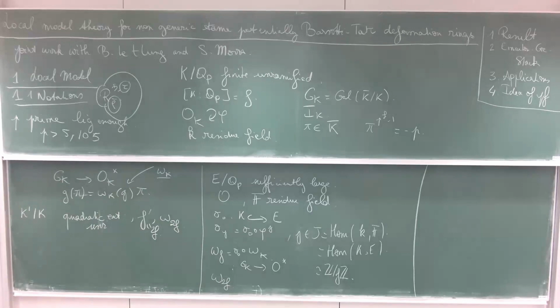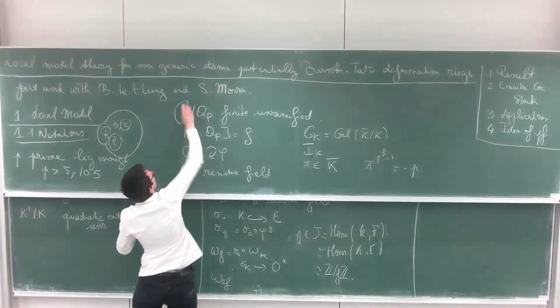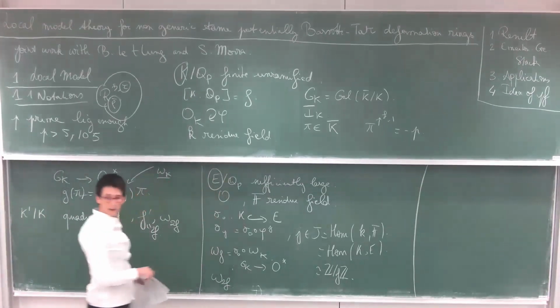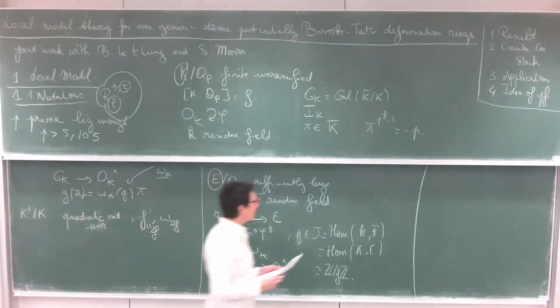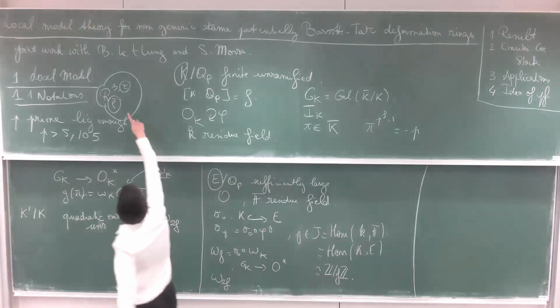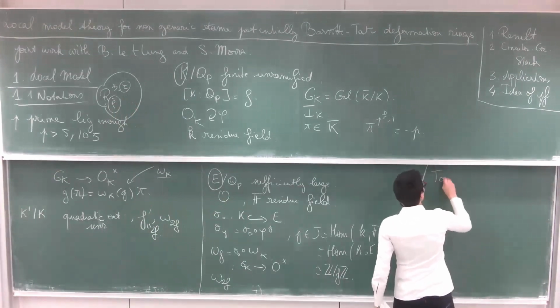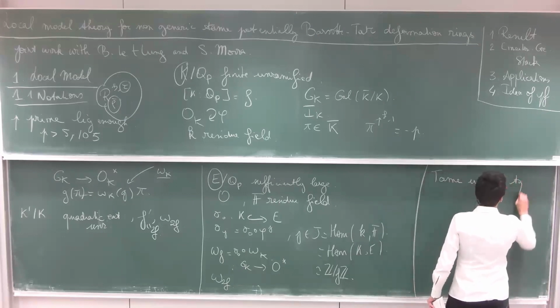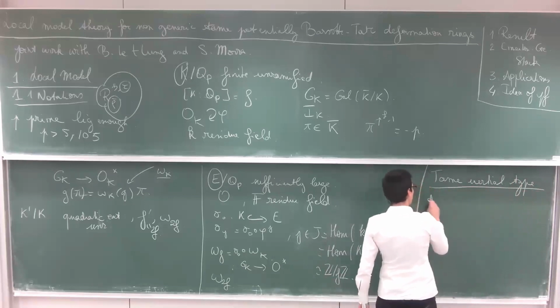So to summarize, I have one field K, which is a p-adic field, and I have another field E, which is big enough, and I have this element with an important role. So now I am able to define what is this object, the tau. So my tau will be a tame inertial type. So what is first an inertial type?